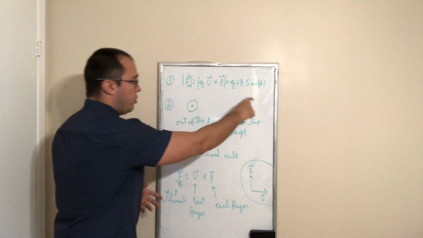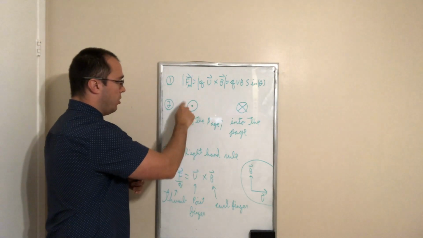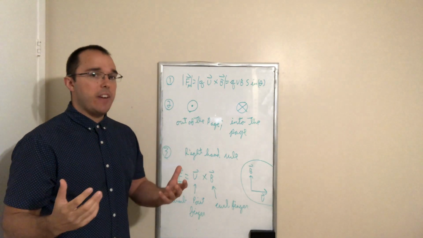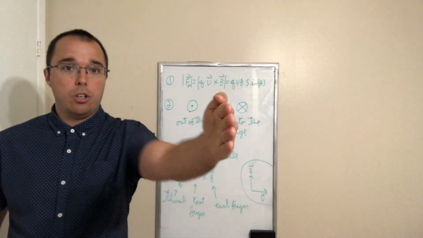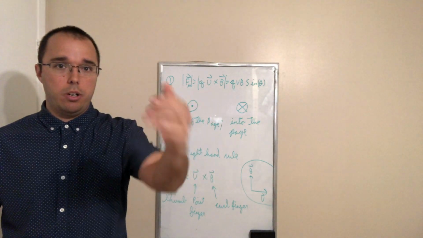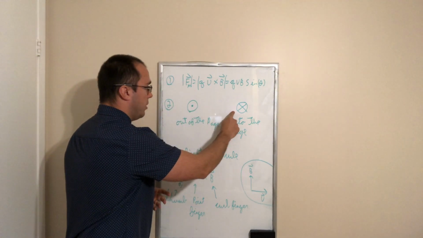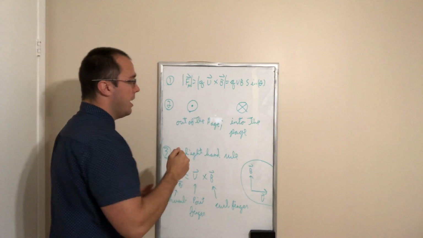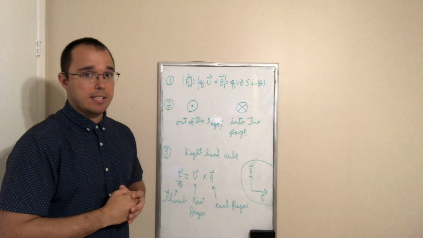So these are the two new symbols we are going to be adding. This one over here, a circle with a dot inside, represents that the vector is going out of the page. So in my case, it's going out of the whiteboard, coming toward the camera. The second symbol, a circle with a cross inside, states that the vector is going into the page, or into my board in this case.